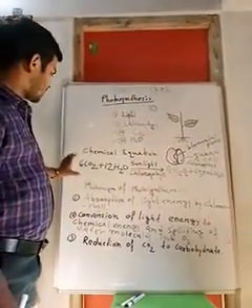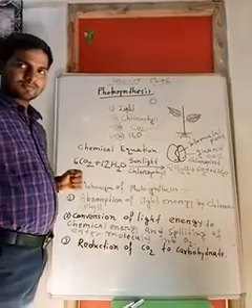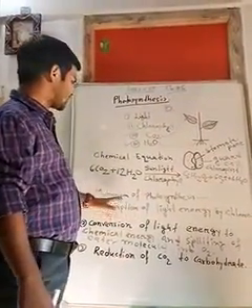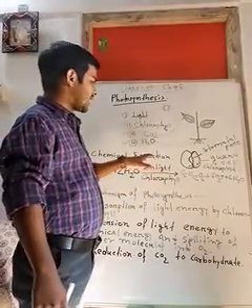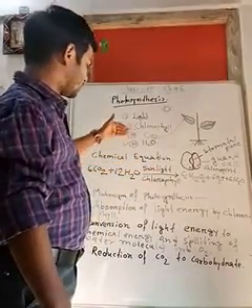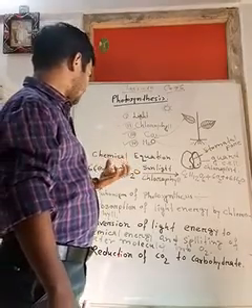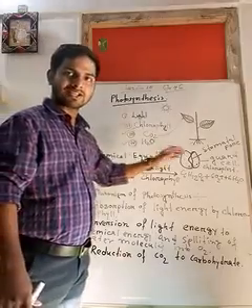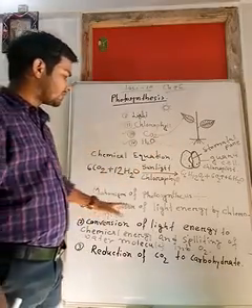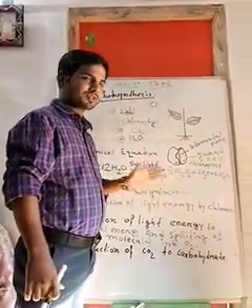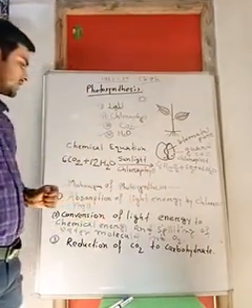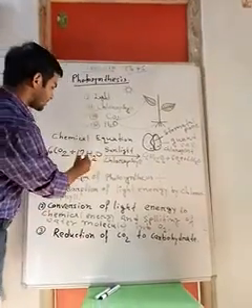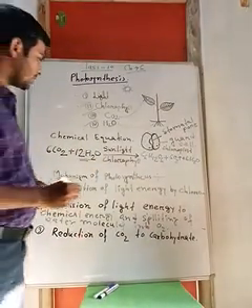So what are the mechanisms of photosynthesis? Number 1, absorption of light energy by chlorophyll. The chlorophyll helps to absorb the light energy. Number 2, conversion of light energy to chemical energy and splitting of water molecules into oxygen.